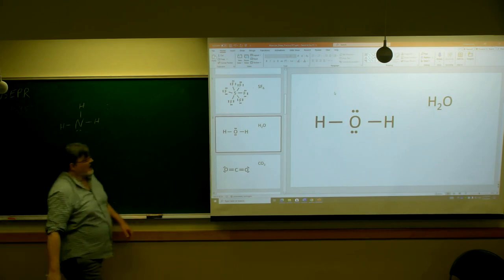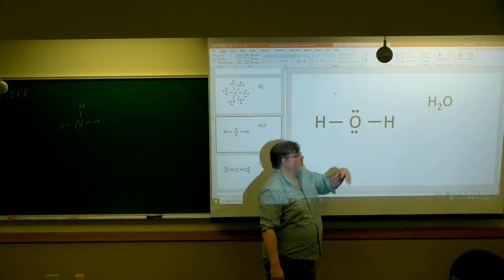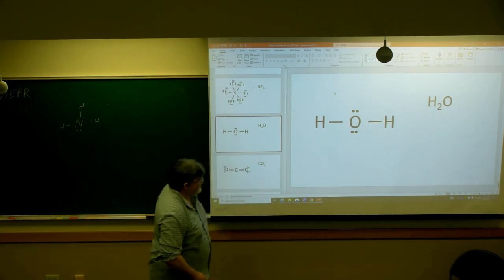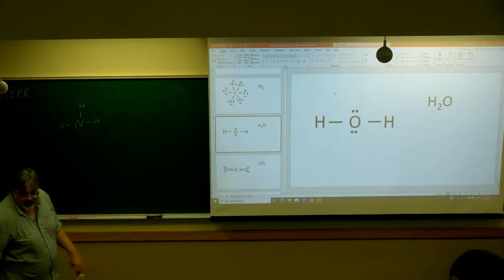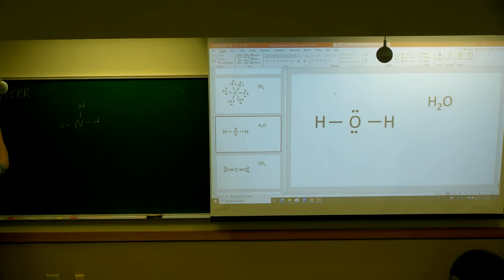And again, we're really asking what's the molecular shape around oxygen. But oxygen is a central atom here, so it ends up defining the whole shape of the molecule. So the shape around oxygen is now bent again. But previously when we did bent, it was trigonal planar, it was 120 degrees.